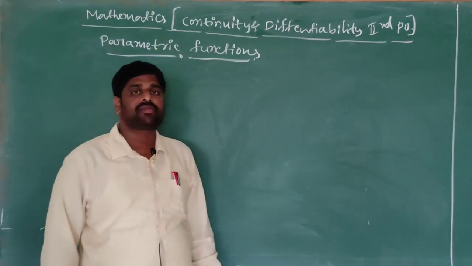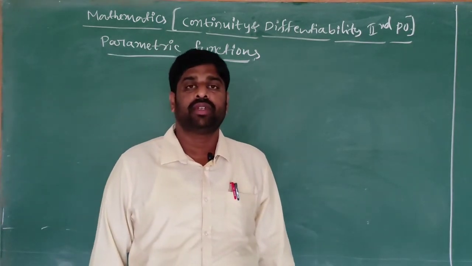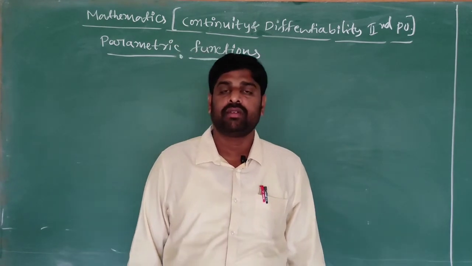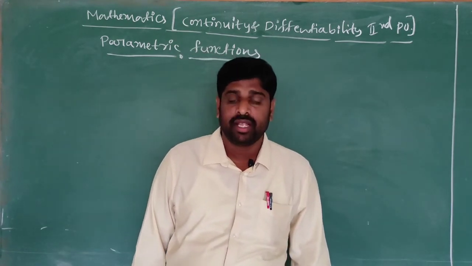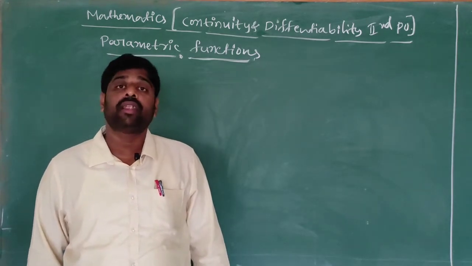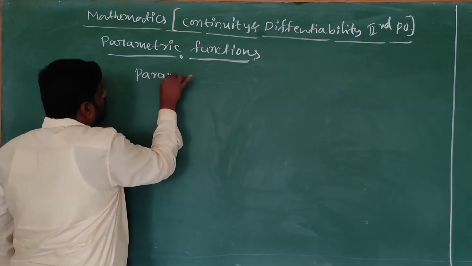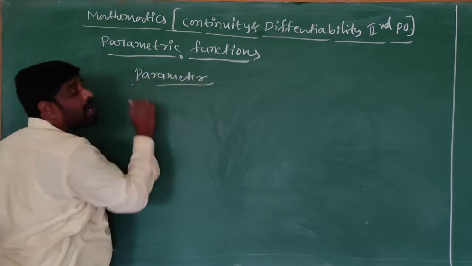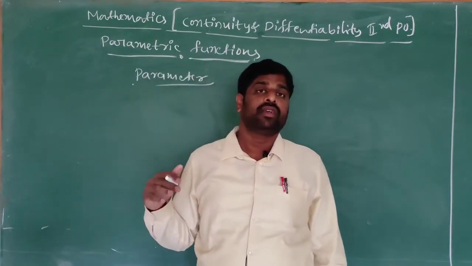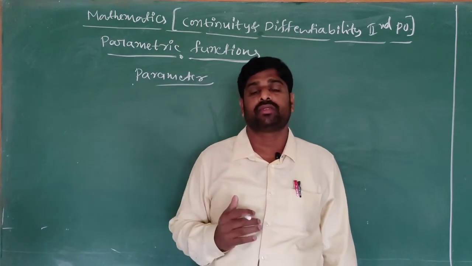Sometimes the relationship between x and y, the relationship between two variables, is neither explicit nor implicit. It is linked with a third variable. The third variable is called a parameter.